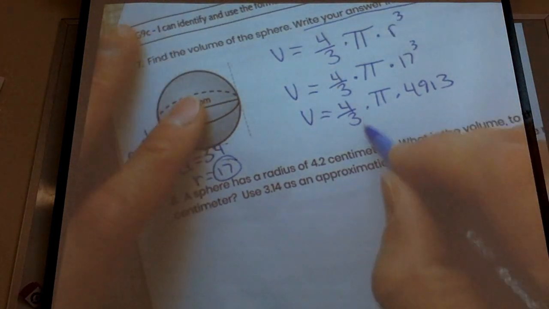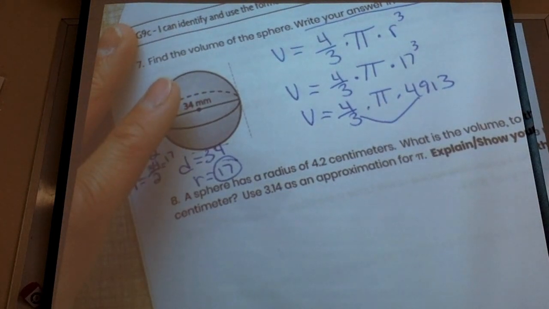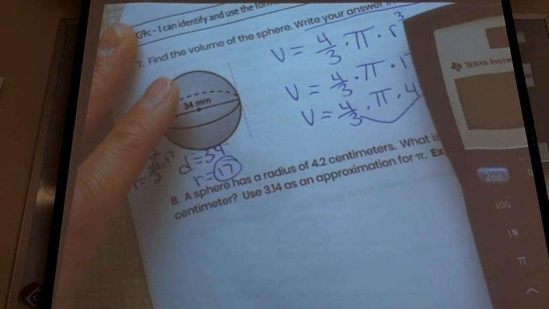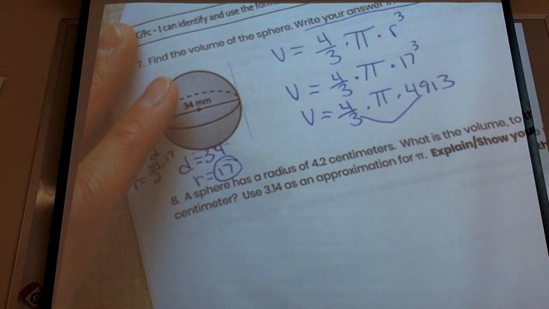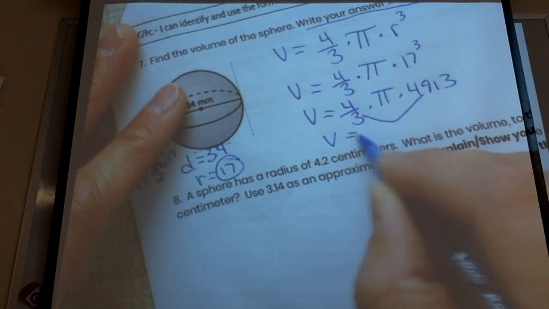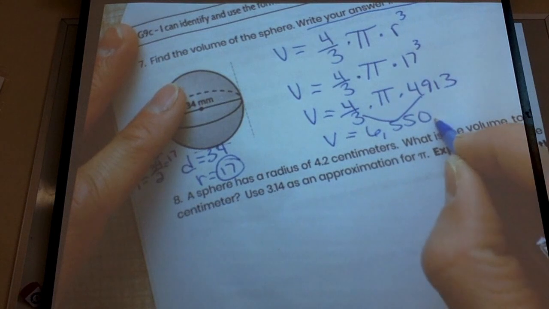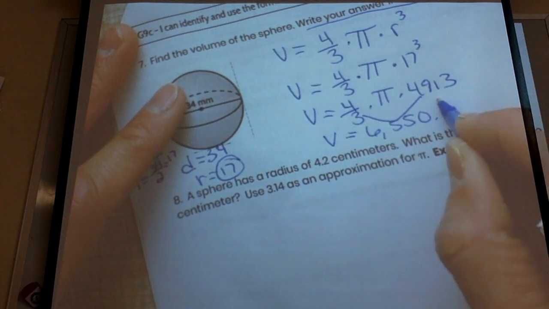So I'm going to clean this up. 4/3 times 4,913. And we get volume equals 6,550.6 repeating.